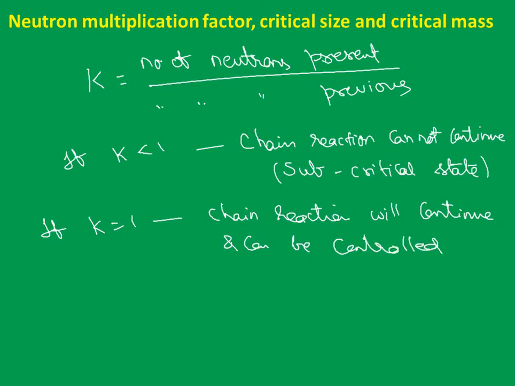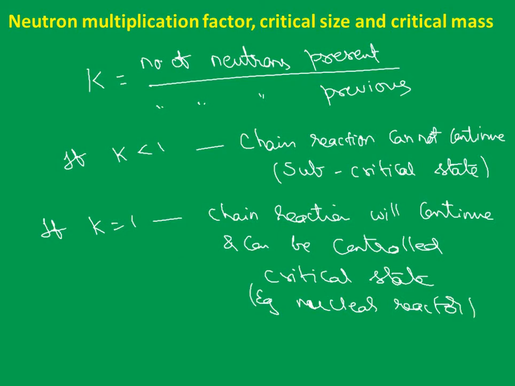This is a controlled state, and we call it the critical state. And of course a nuclear reactor works in this kind of critical state. Later, when we discuss that topic, we will understand.